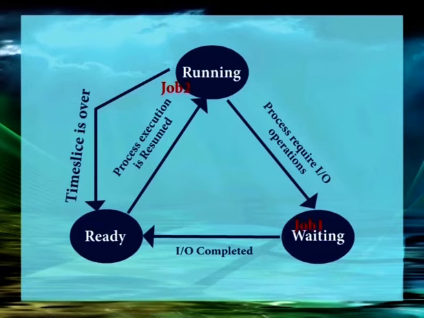Again, after completing its input-output operations, job 1 comes back to ready state and waits for CPU. In the meanwhile, time slice of job 2 expires and it goes back to ready state for its turn to CPU. The process continues in the same way and so on.